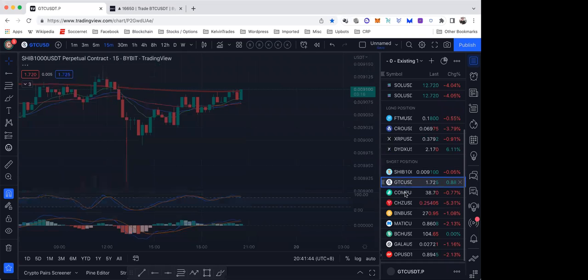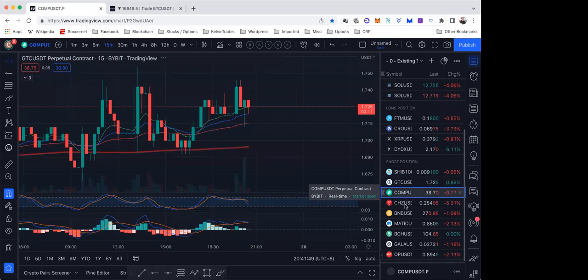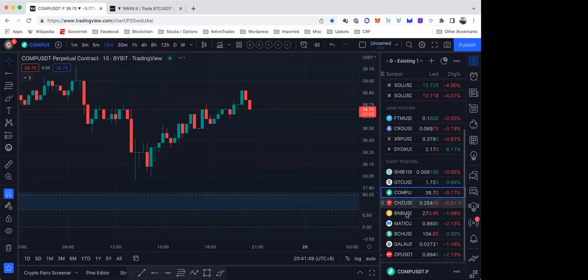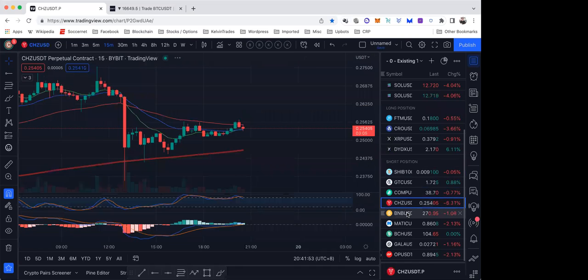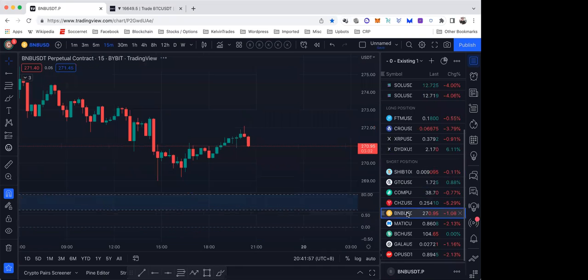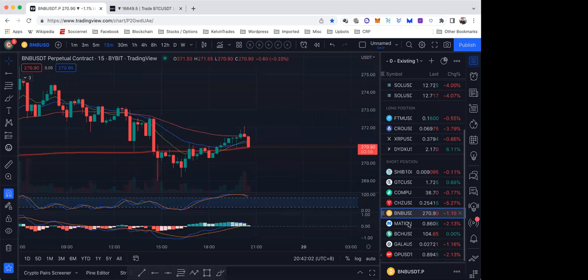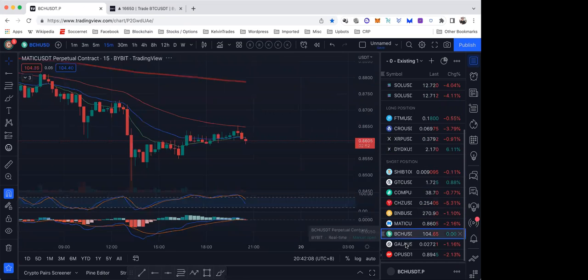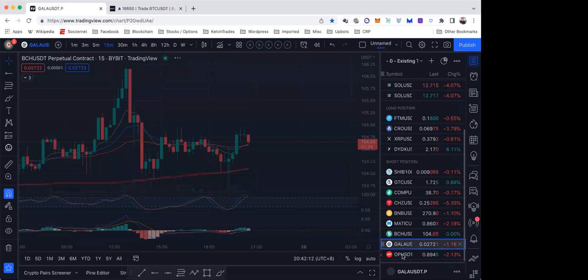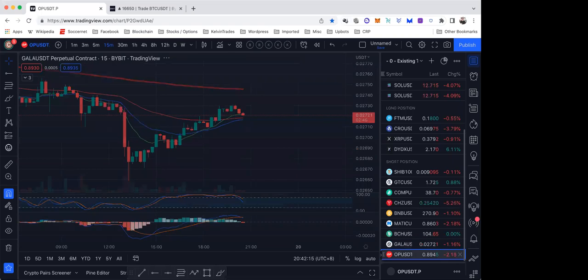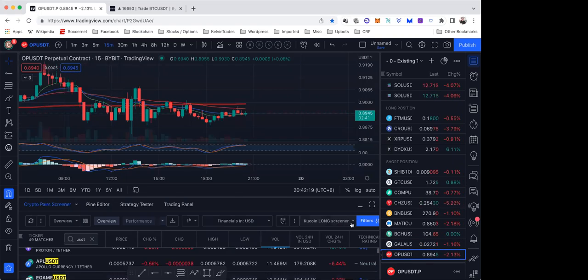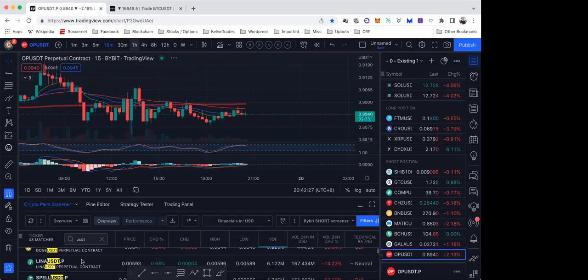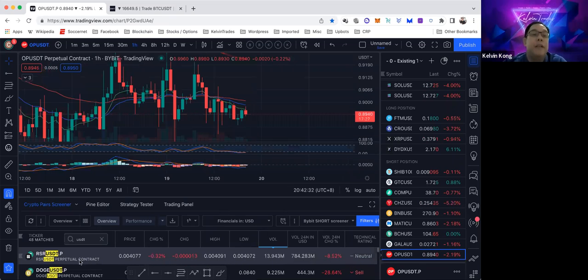We are looking at TradingView. Okay, let's take a look at the screener.